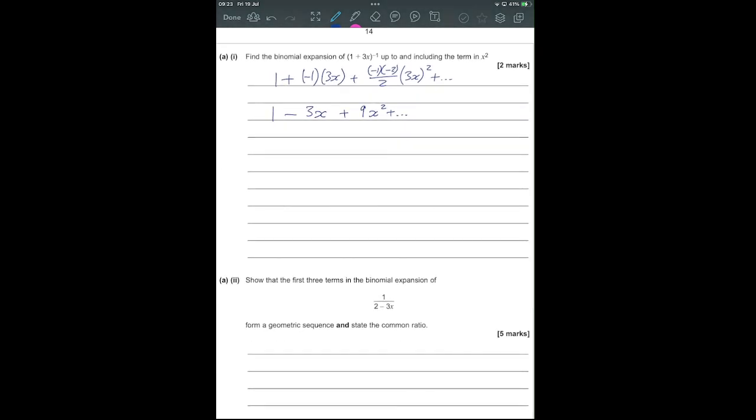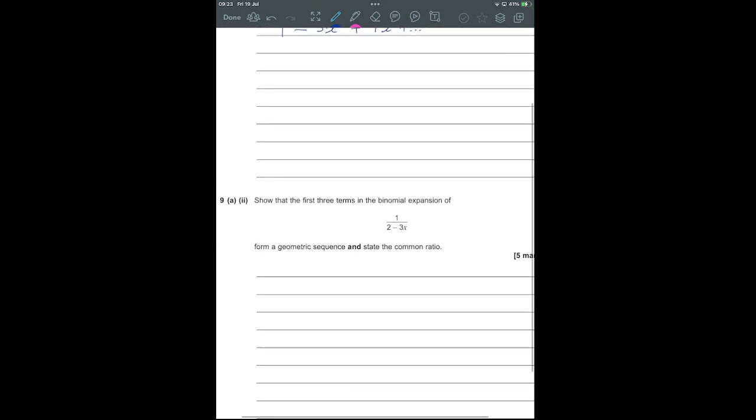Show that the first 3 terms of that binomial expansion form a geometric sequence. Just the first 3 terms. Okay, so we need to rewrite that in a useful manner first. So we're going to write it as 2 minus 3x to negative 1. We need to factor out the 2, which gets hit by the power of -1.